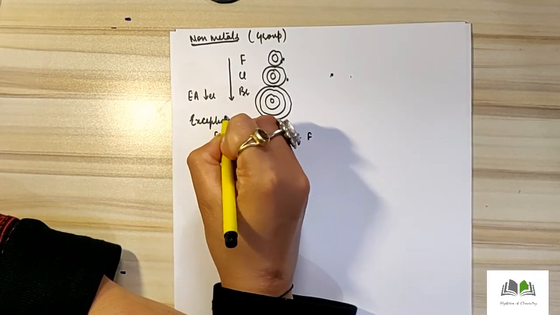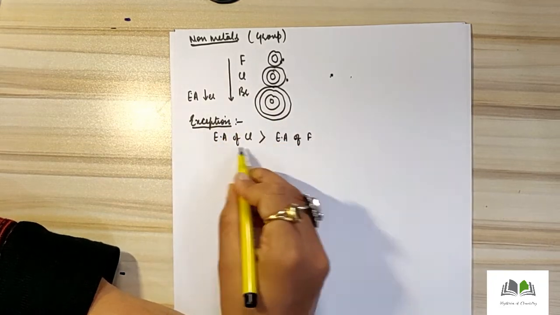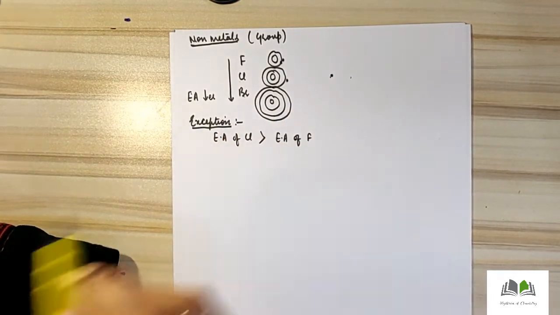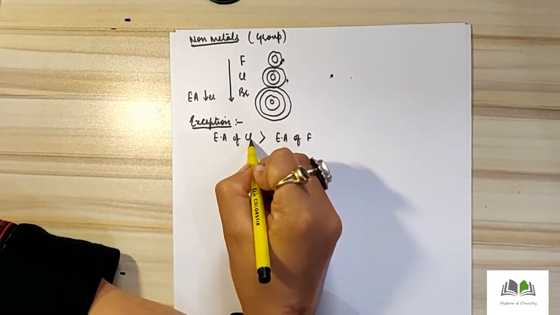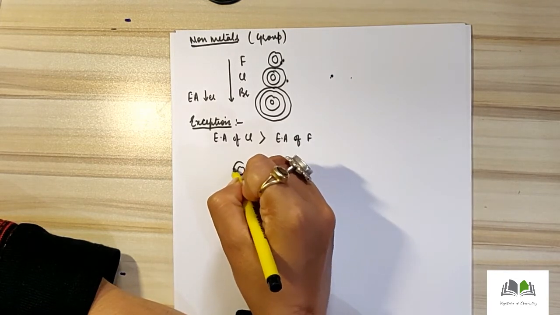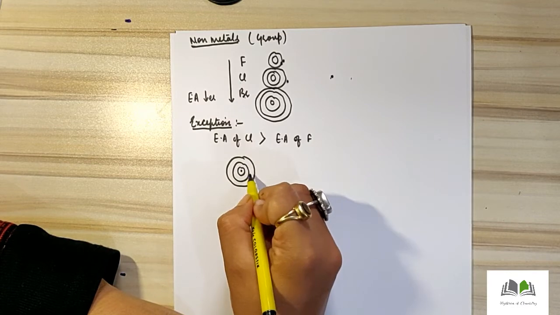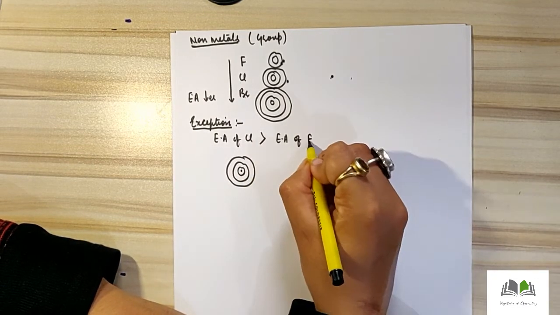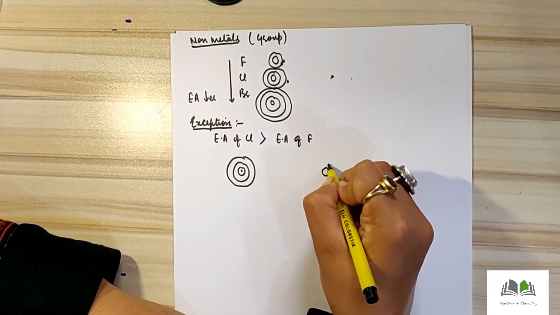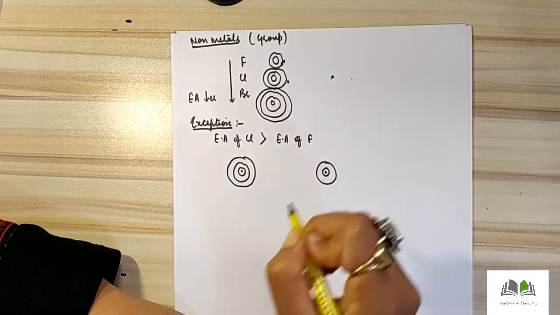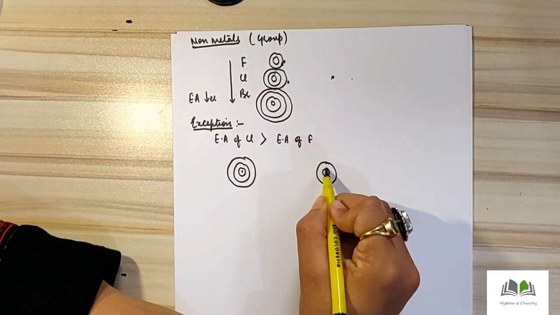So why is this trend seen in case of chlorine and fluorine? Because in case of chlorine, the size of the atom is large. Why is the size of the atom large? Because it has 3 shells. In case of fluorine, the size of the atom is small. Why is the size small? Because it has 2 shells.